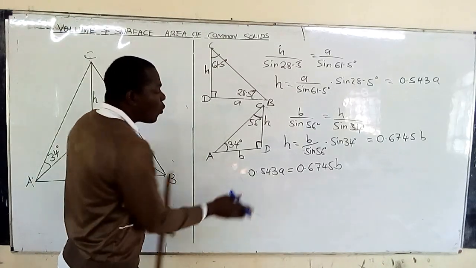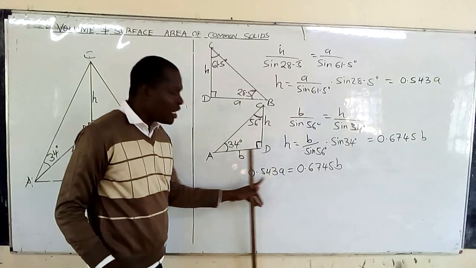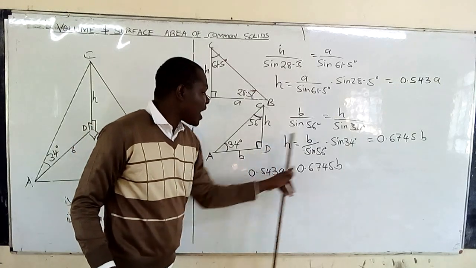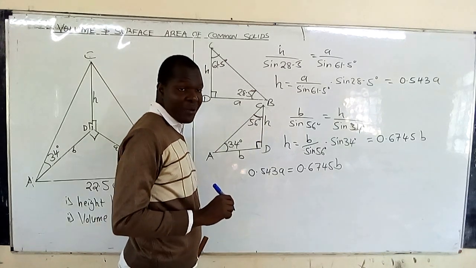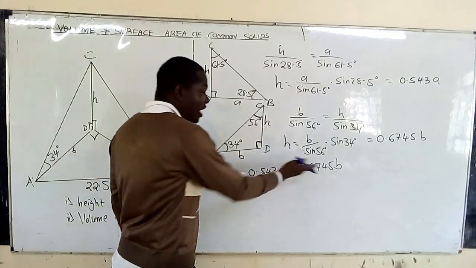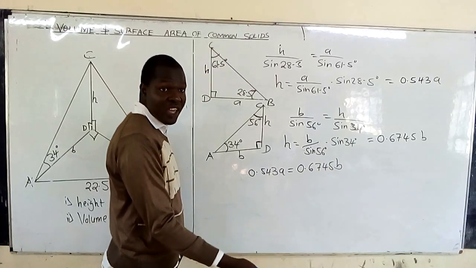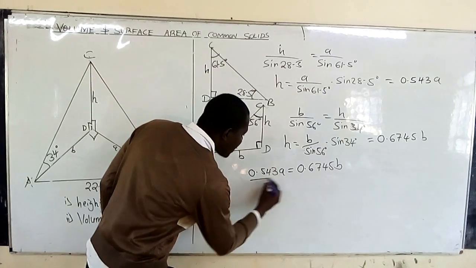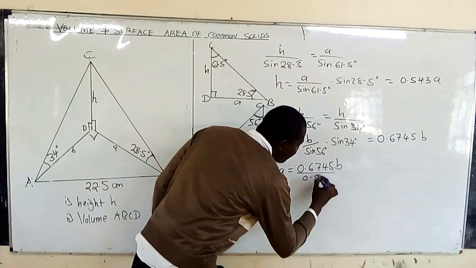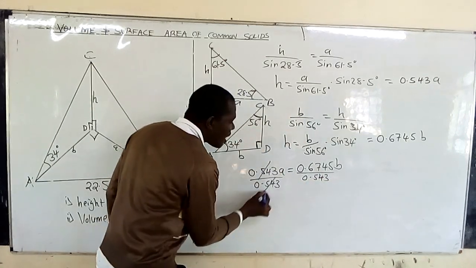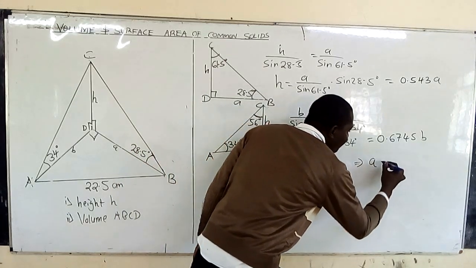So there, what is a? You divide both sides by 0.5434 to make a the subject of the formula. Are we together? Or you can make b the subject of the formula, whichever. Is that okay? So divide both sides by 0.5434, then you will get the value of A. So what is A?